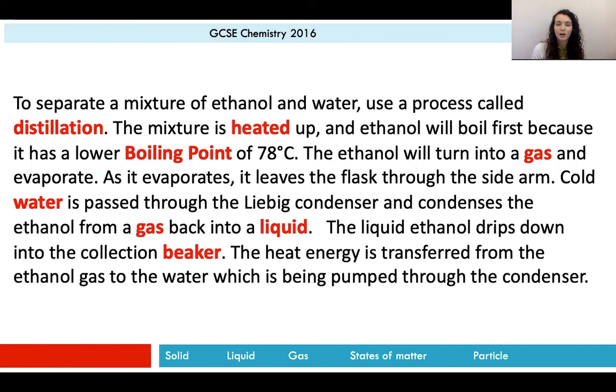Cold water is passed through the Liebig condenser and it condenses the ethanol from a gas back into a liquid. The liquid ethanol drips down into the collection beaker and the heat energy is transferred from the ethanol gas to the water, which is being pumped through the condenser.